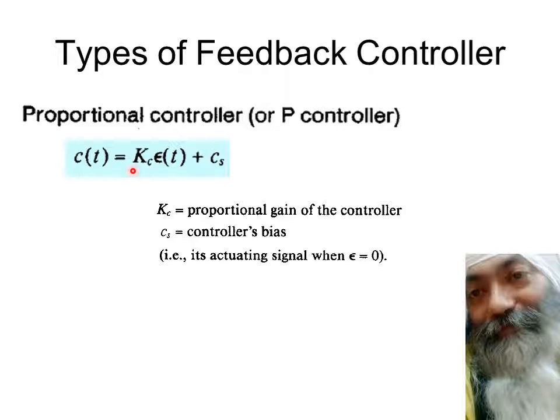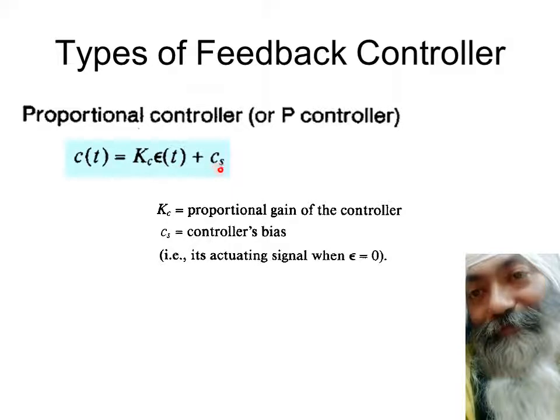as you can see in the figure and in the equation over here, we have this proportional controller because the error, the deviation which we are able to get, is simply multiplied by a gain called Kc. This Kc is called the proportional gain of the controller, and what we get is the controller output. Of course, it is also accompanied by Cs.